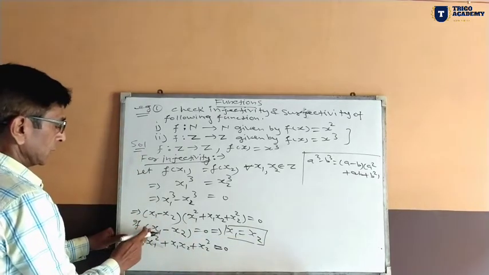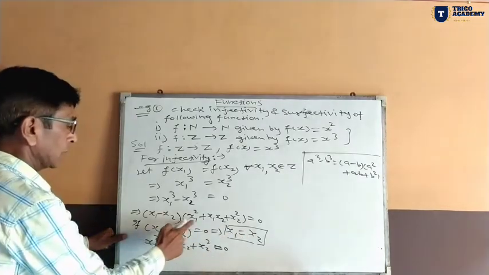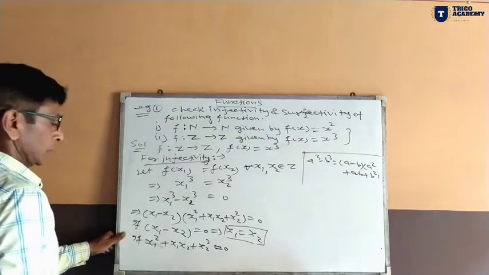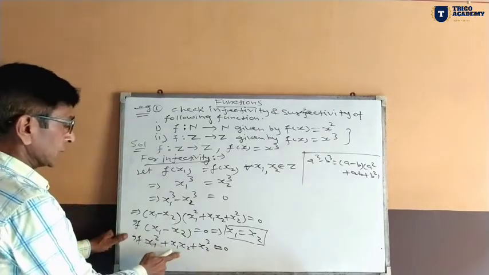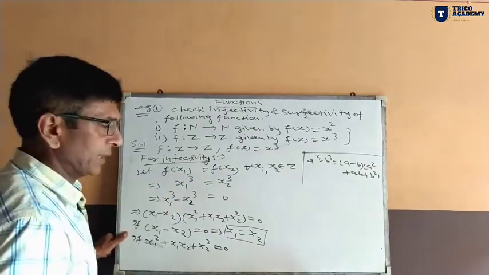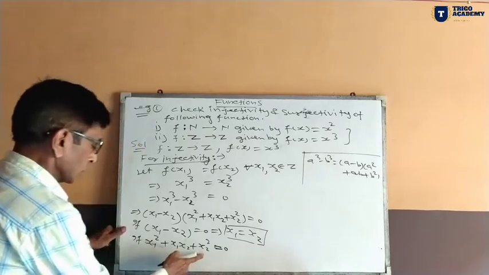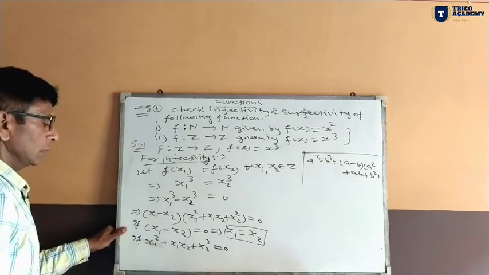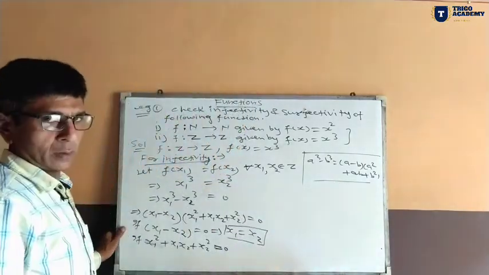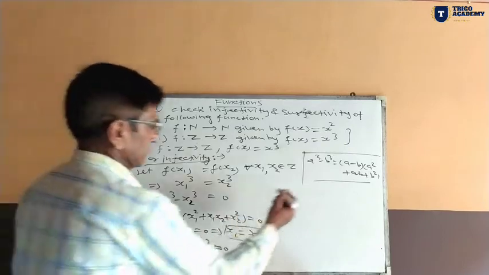The first factor x1 minus x2 equal to 0, so then x1 equal to x2, and the second factor, if this equals 0, and here x1 and x2 both are integers, and integers may be negative or positive both. So this condition also may be possible, but we understand by taking some values.